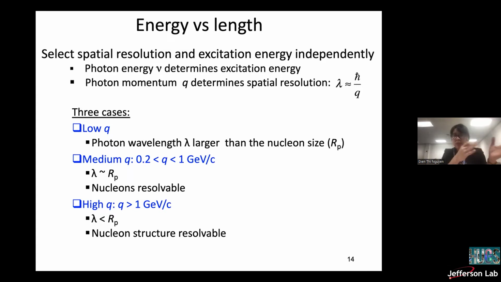So we can independently select the omega value and the Q value. But you can't increase one without increasing the other, right? For the virtual photon? For the virtual photon. Oh, okay. Yeah, because for real photons, E equals p, but for the virtual photon we can. Okay, thanks.